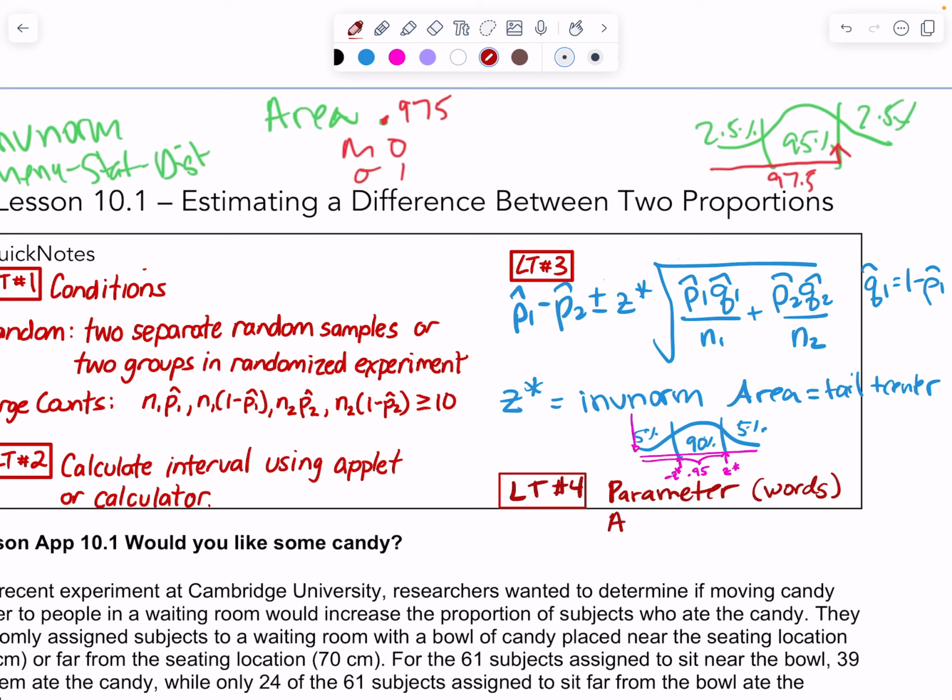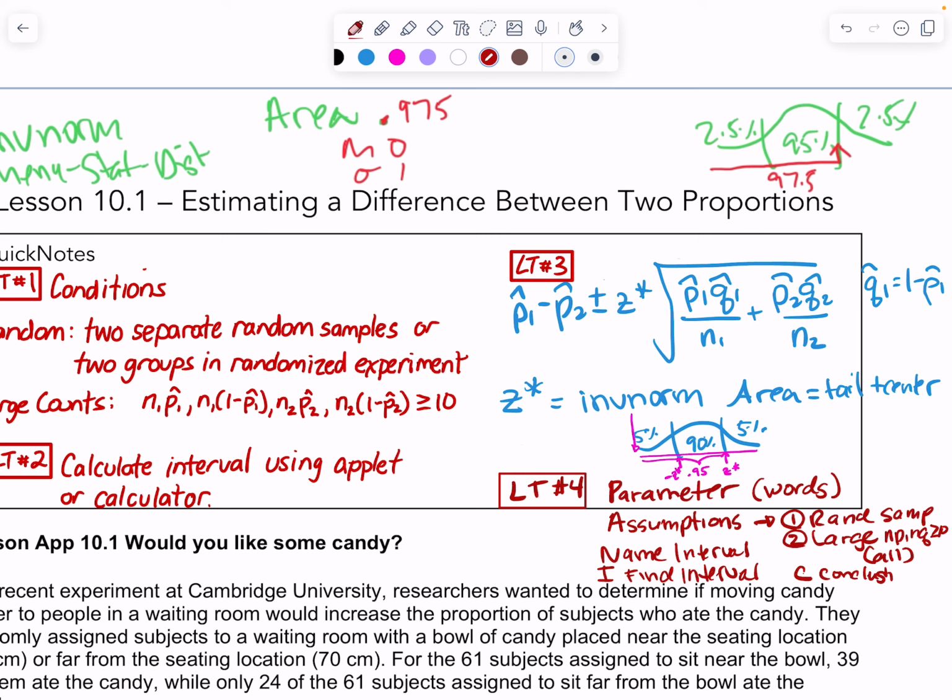And then we do our assumptions and conditions, which is random sample and large sample size, which we did was all the np's and nq's greater than 10, all of them. Name the interval. Find the interval. And then C, PANIC, is the conclusion. Okay?